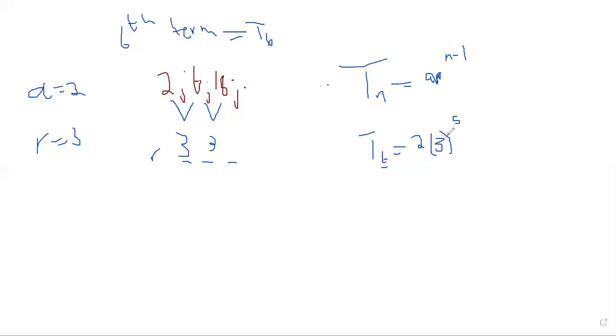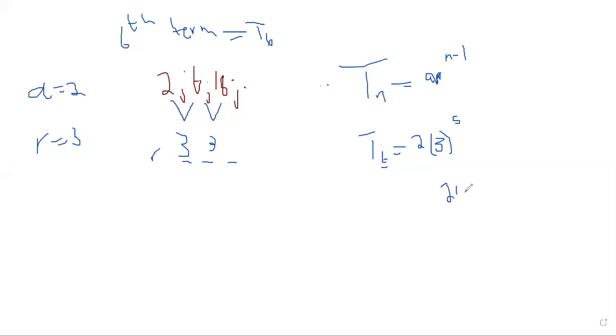And then the answer you get, you multiply that by 2. So 3 to the power of 5 should give you 243 or something like that, if I'm not mistaken. You verify with your calculator.